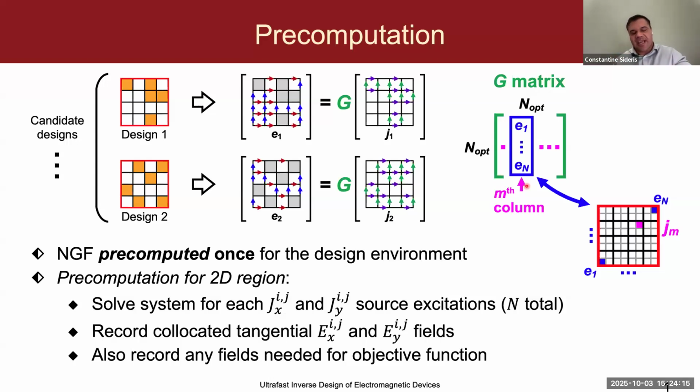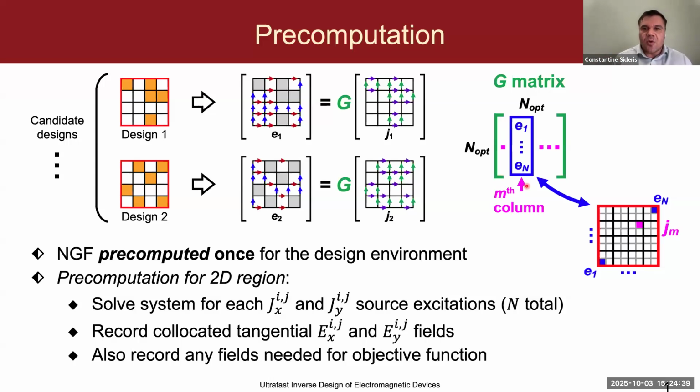I only have to redo it if I change my design environment, if I change my printed circuit board substrate, or I change some parameters of my chip. Maybe I go to a different design process node, for example, or something like that. Once I've pre-computed this Green function for the same static domain, I can use it for any number of optimizations. I can optimize completely different devices. There's no training or anything like that needed.